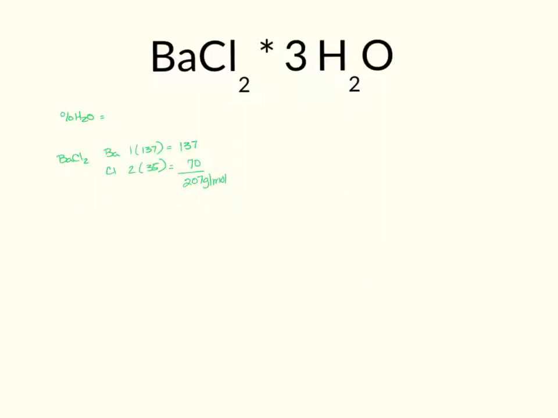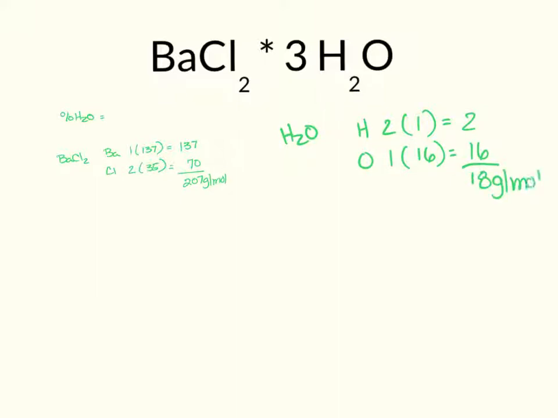We'll move that to the side and we'll deal with the water portion. So we've got H2O, you've got 2 H's and 1 O. Each H weighs 1 gram, each oxygen weighs 16. This should become routine after a while because you always know that water is 18 grams per mole. You've got 3 waters at 18 grams per mole.